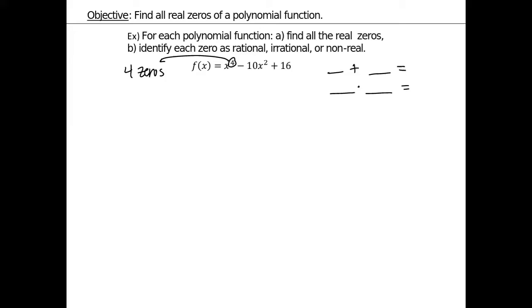So my B value is negative 10, and my C is 16. So factors of 16, I know they have to both be negative because my 10 is negative. So I have negative 1 and negative 16, negative 2 and negative 8, or negative 4 and negative 4. So my two values that will give me a negative 10 would be negative 2 and negative 8.